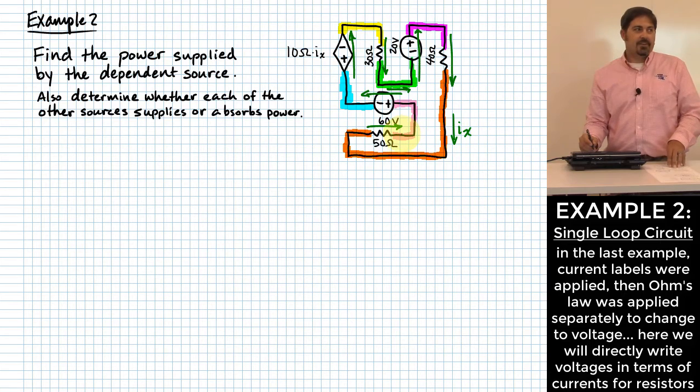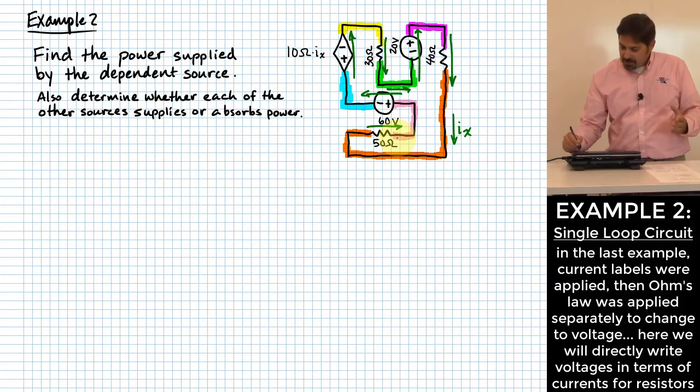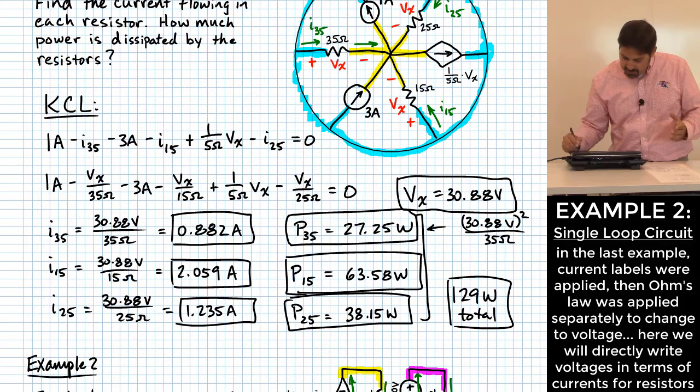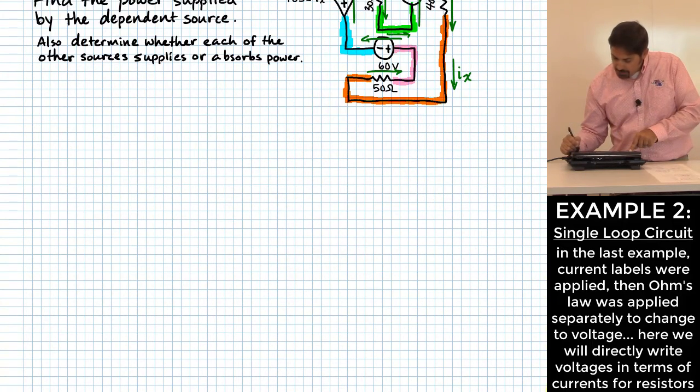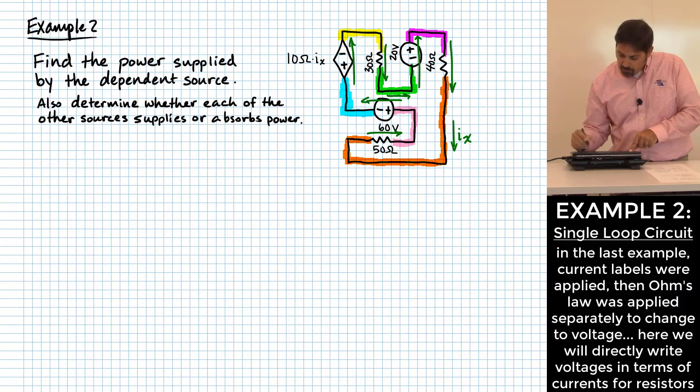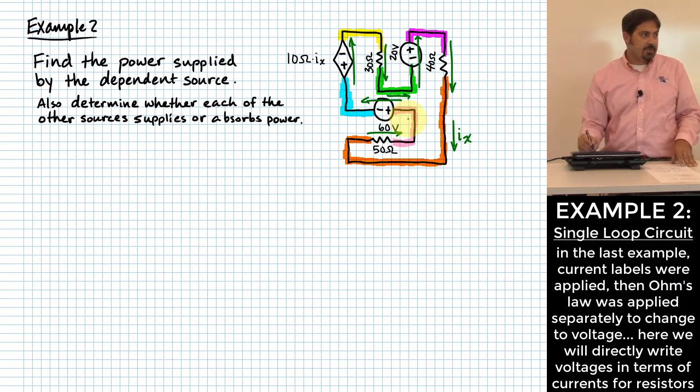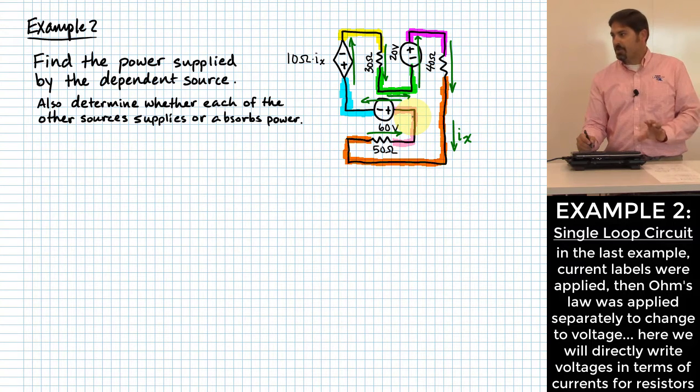And up here in this example, I labeled these currents, and then I said what those had to be relative to voltages. Down here, I could, if I wanted to, label voltages on each one of my elements, put that into one sum, and then do a second version where I apply Ohm's law to all of my resistors. Or I could do that in one step.